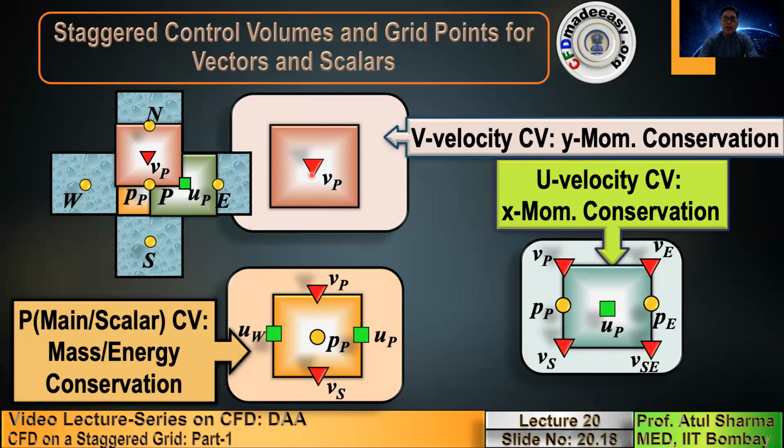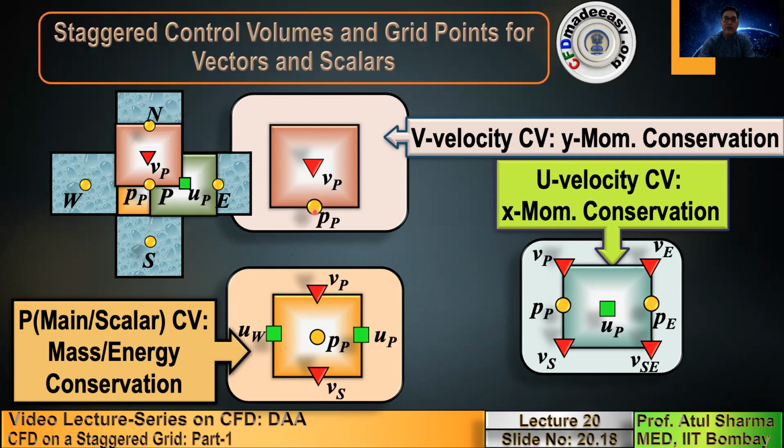Now, for Y momentum, we use this red control volume and the pixels or the grid points for V. Note that we used this pixel for Qx in the previous topic, QxHx, and we used this for QyHy. This is VP, you have PP here.